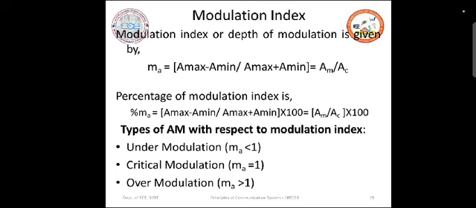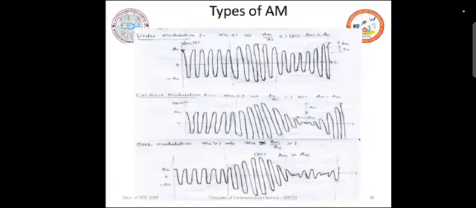We'll see how the waveform will look now. These are the three waveforms that we have written for the three different cases. Can somebody tell me in which case you see the envelope retained without any distortion?